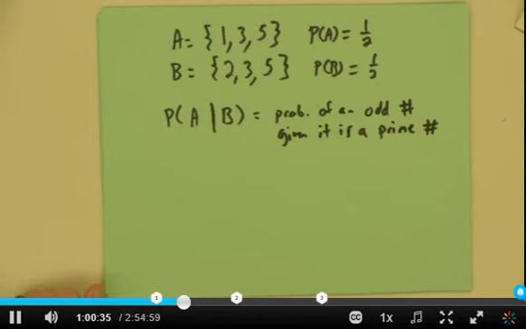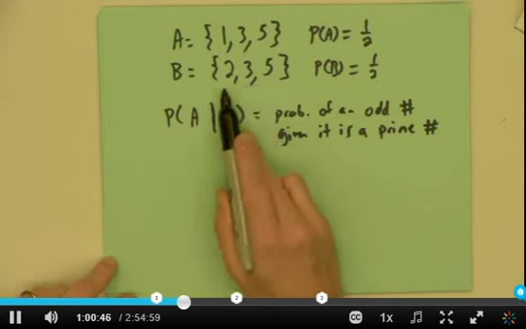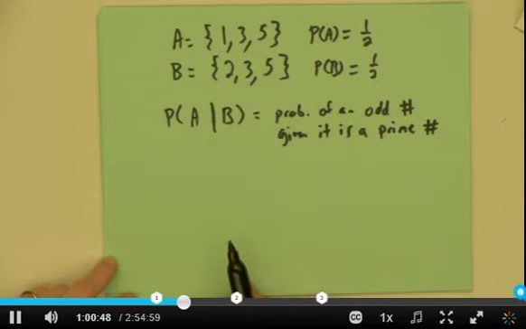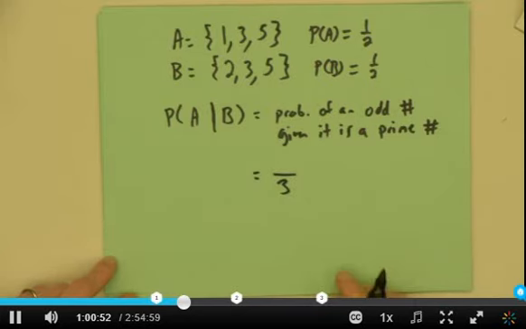What do we think? If I know it was a prime number, it had to be one of these 3 possibilities. They're equally likely. So how many of those 3 possibilities are odd?